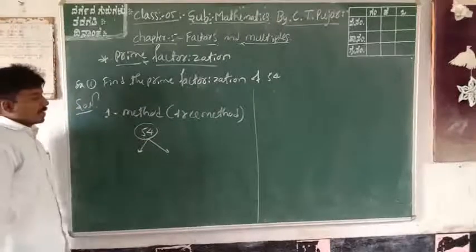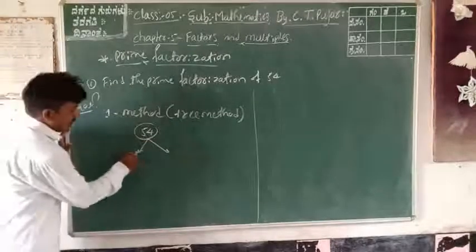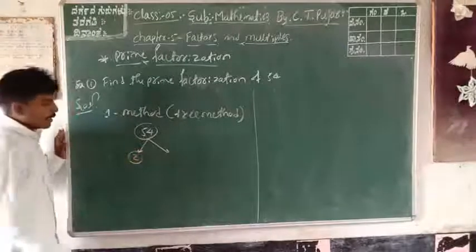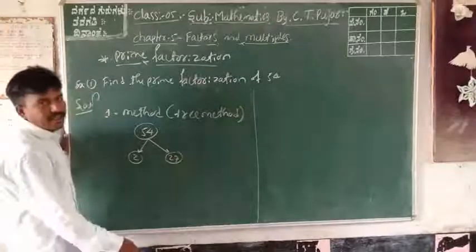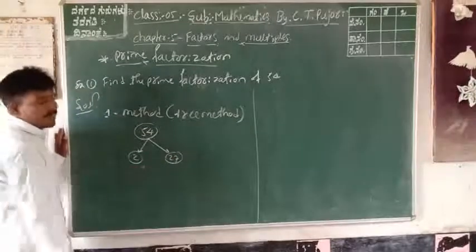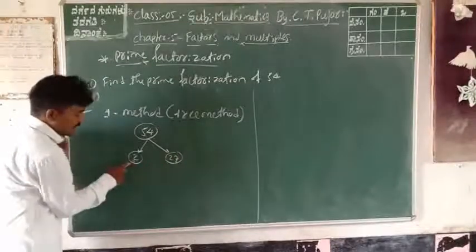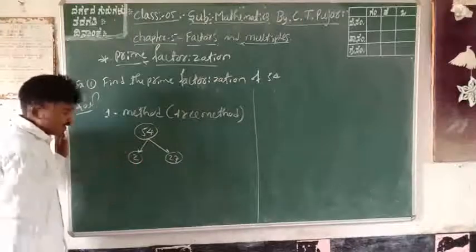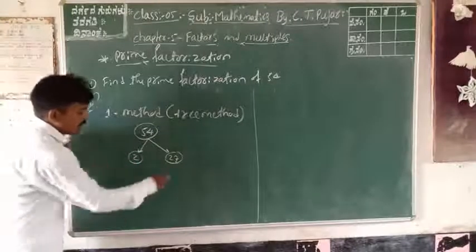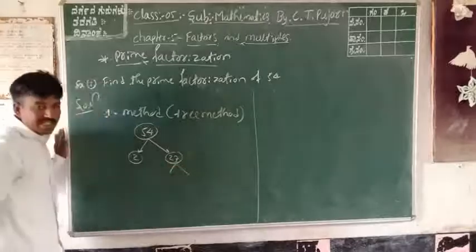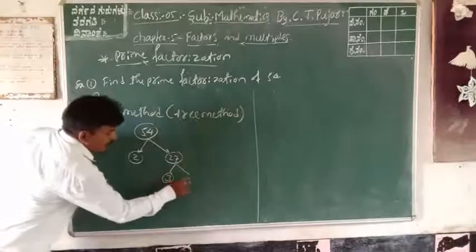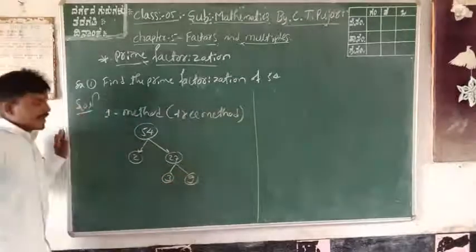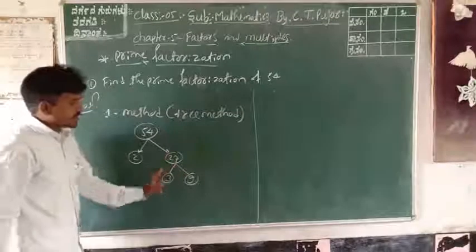54 divided by 2 is 27, since 2 27s are 54. 2 is a prime factor, so that branch is over. Next, 27 is a composite number, so you can express it in primes. 3 9s are 27.